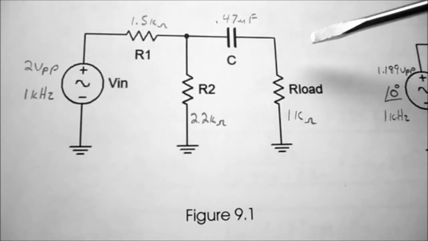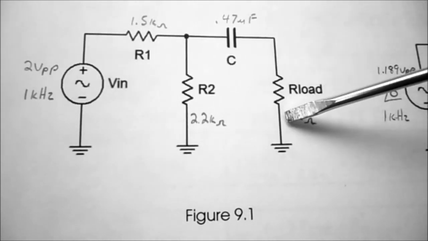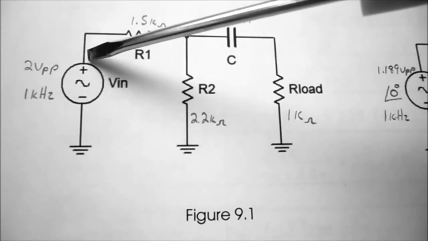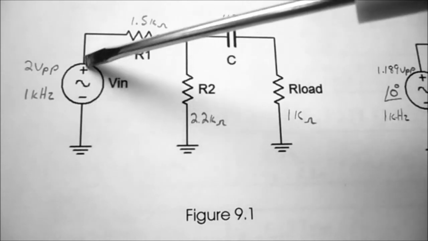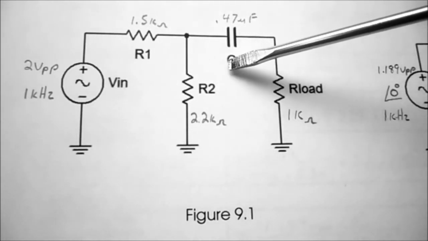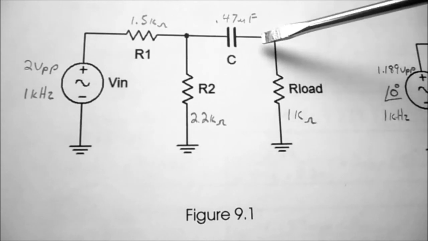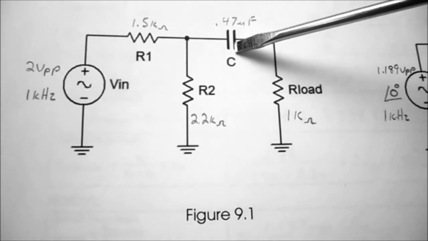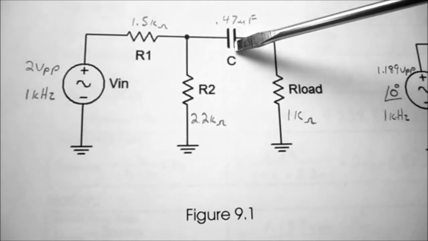Remember, to Thevenize the circuit, we remove the load, replace the source with its ideal internal resistance, which is 0 ohms. So looking back into the circuit, we're going to see our capacitor, and that's going to be XC because it's an AC circuit.